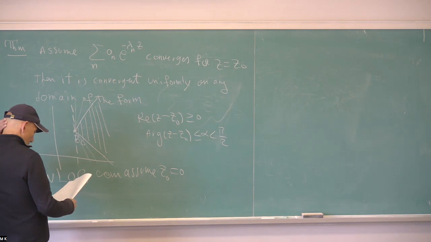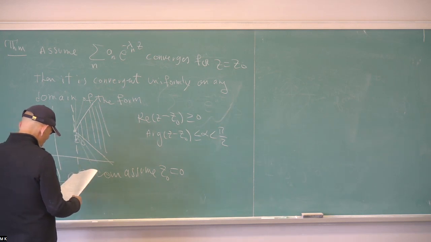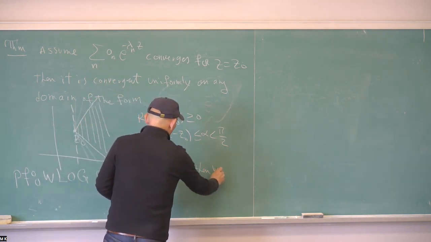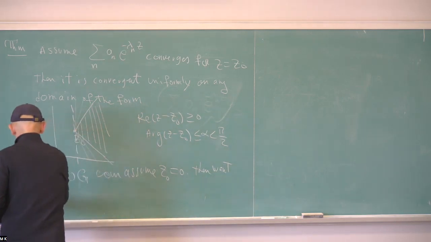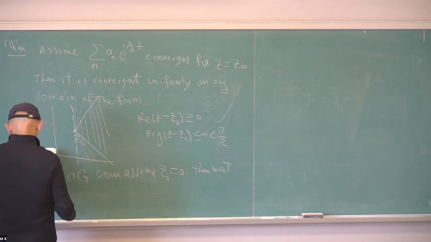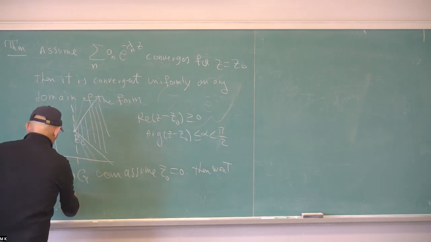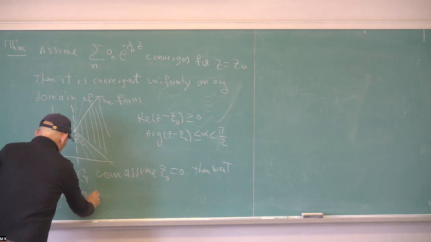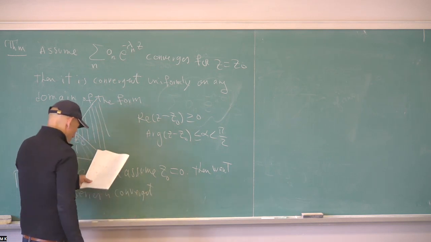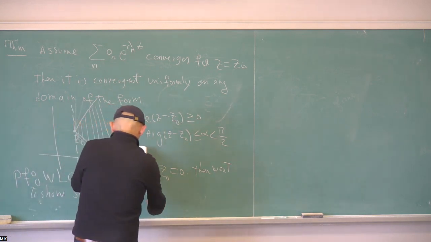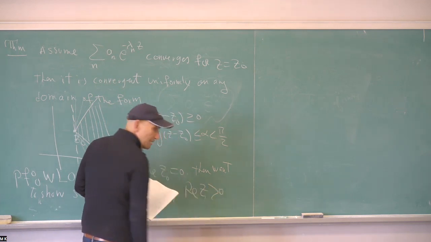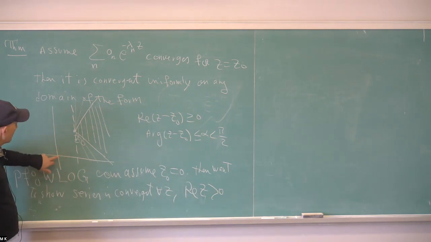So then we want to show that the series is convergent for all z such that the real part of z, first of all, is positive, because the point that we have now is at the origin.